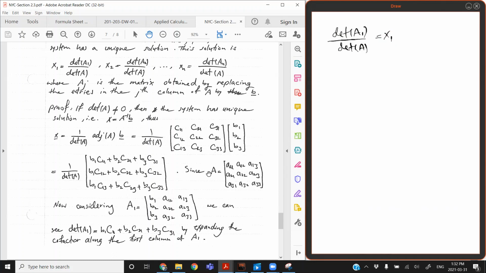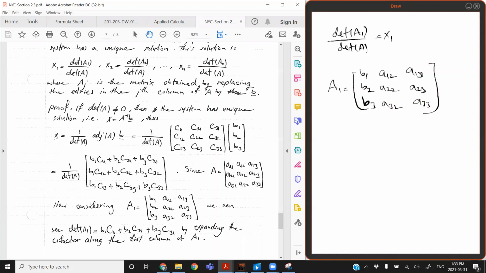This is A, right? And A1 is obtained from A by replacing the first column of A by B1, B2, B3. So A1 is going to be B1, B2, B3, and then the other two columns are going to be the same as A: A12, A13, A22, A23, A32, A33.